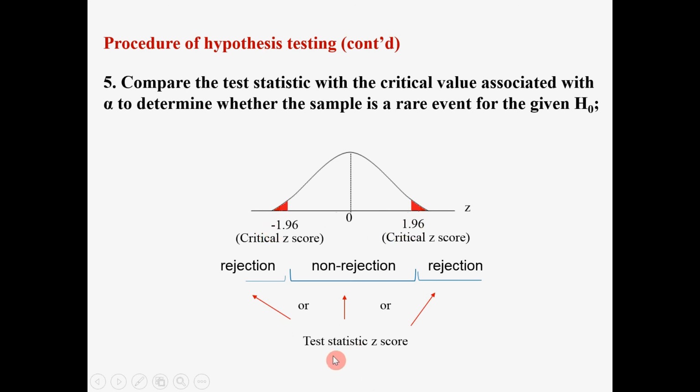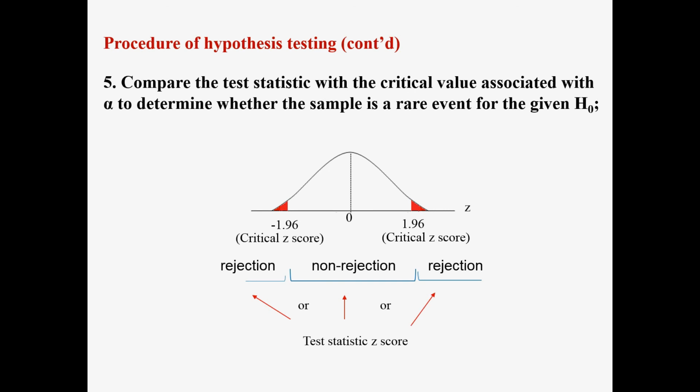Now, after we convert our sample mean into a test statistic z-score, we like to compare this value with positive and negative 1.96. If the sample mean test statistic z-score is smaller than negative 1.96, we know that the sample mean falls in the lower tail rejection region, we would have to reject the null hypothesis.